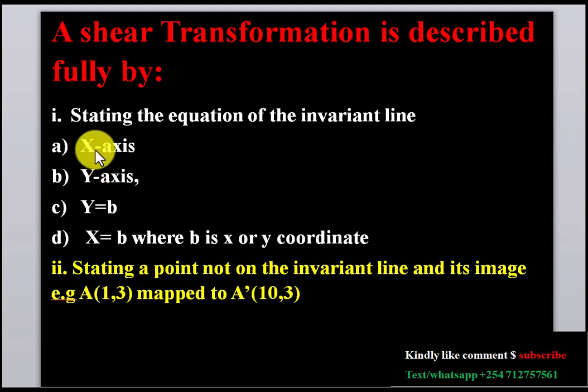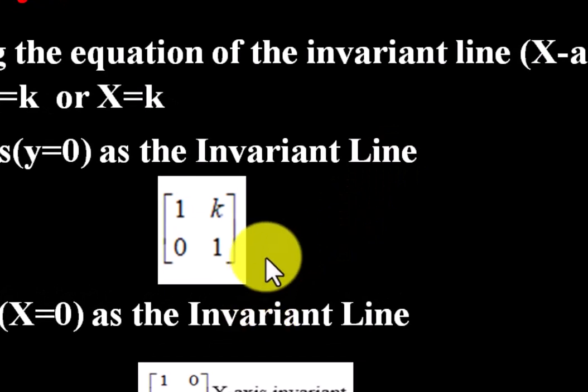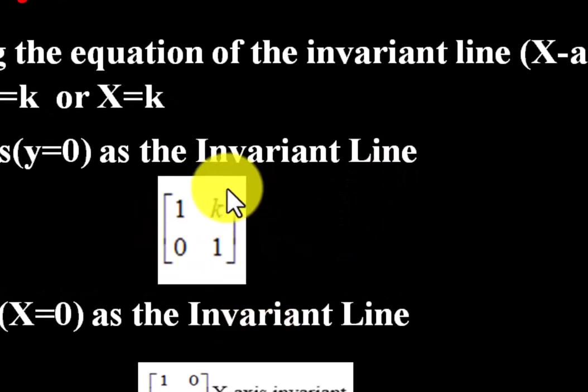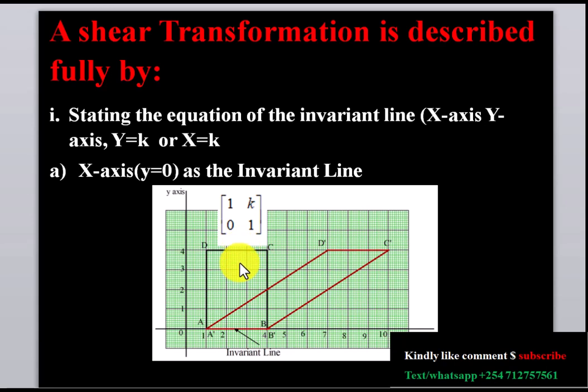So the invariant line comes in 4 forms. We have A, B, C, D. In A, x-axis invariant, or y equal to 0 as the invariant line. So we have a matrix in this case, (1 k; 0 1), where k is the shear factor. In a diagram, it will appear like this one.